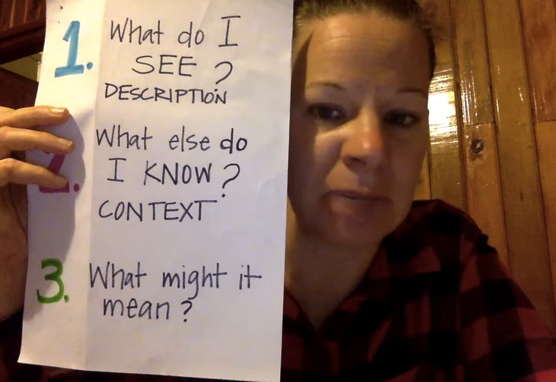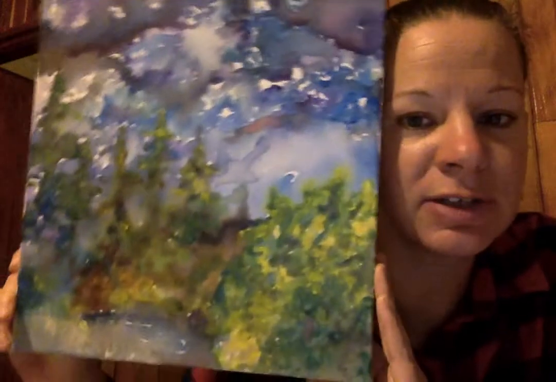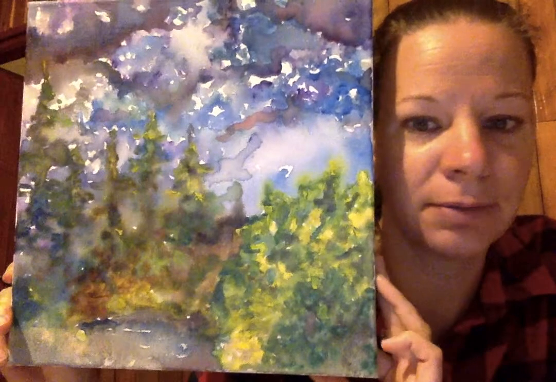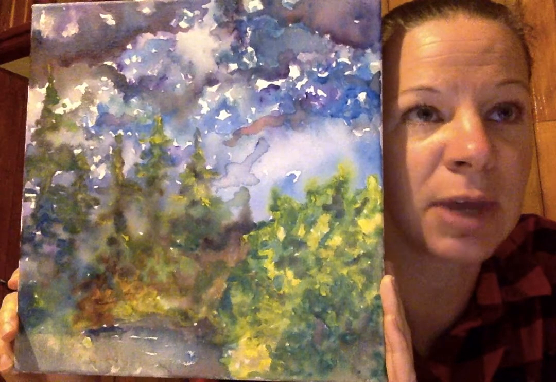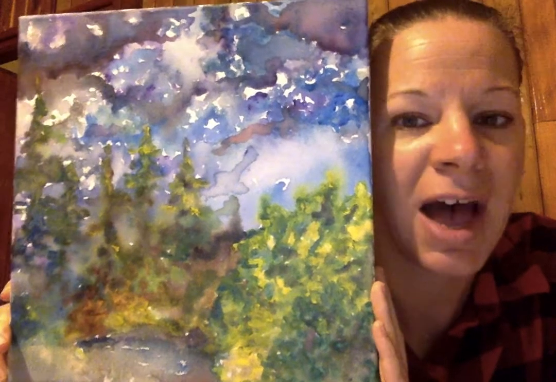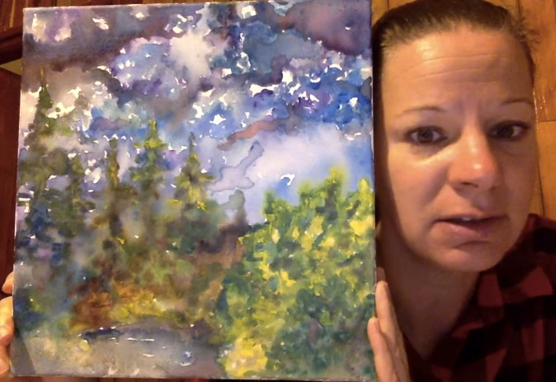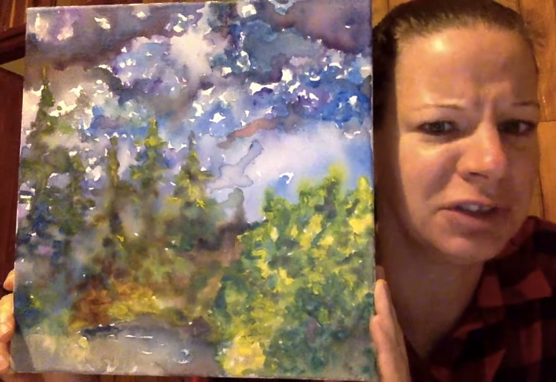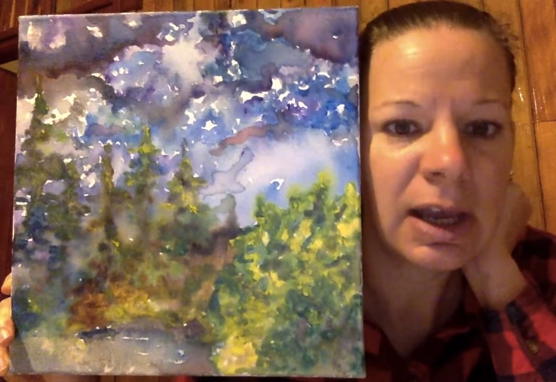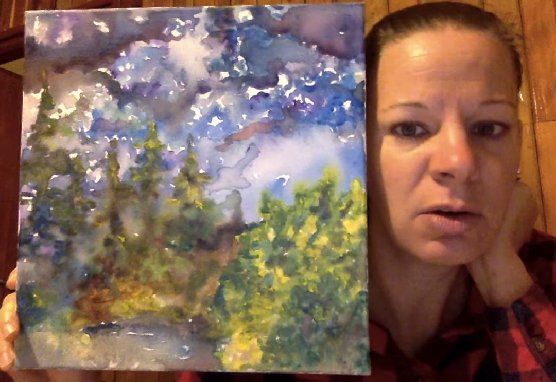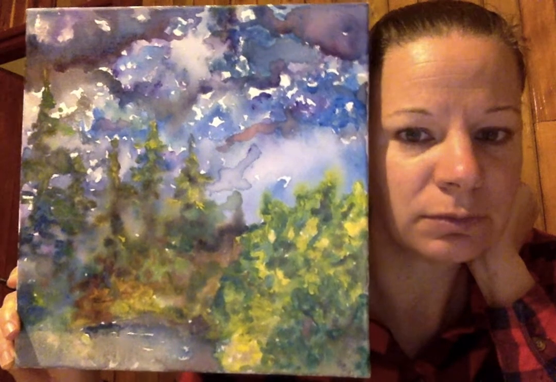What might it mean? Okay, so let me give you a little bit of context of this artwork. The artist's name is Karen Eworth. It was painted in 2020. It was painted outside, sort of in a shelter, in an enclosed place, on a really rainy day, after the artist had gone on a walk in a garden.